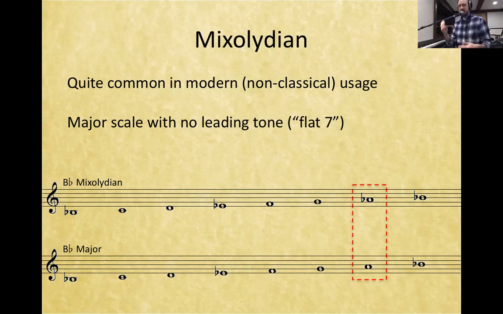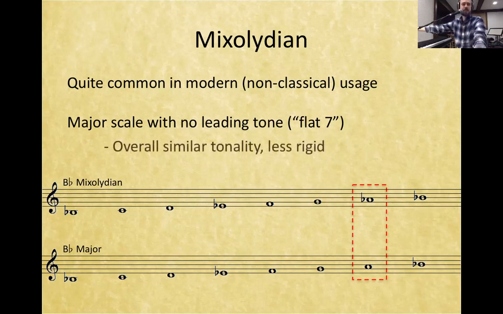Very, very different sound. So flat 7 is the color tone in Mixolydian. It's the major scale, just no leading tone, okay? And this, of course, as you can see here, because it's related to the major scale with just that one difference, we would consider Mixolydian one of the bright or major modes.